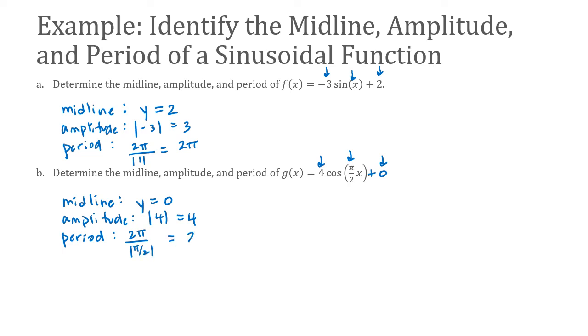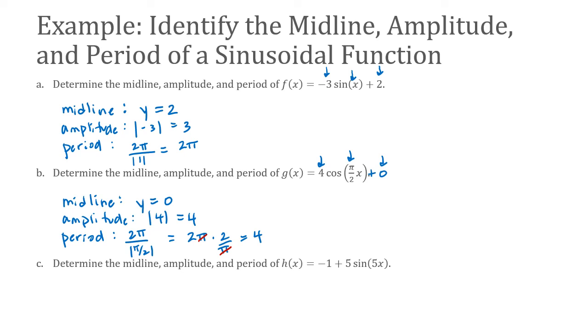Now, I would strongly suggest that instead of dividing by pi over 2, you multiply by its reciprocal. And when I multiply by the reciprocal, the pi's cancel out, and I'm left with a period of 4. So every 4 units, I'm going to see this g of x function begin to repeat.